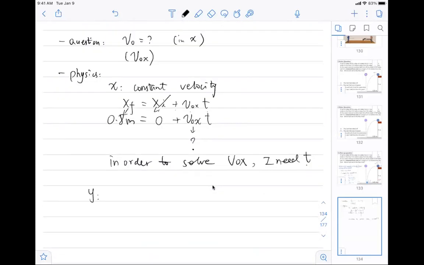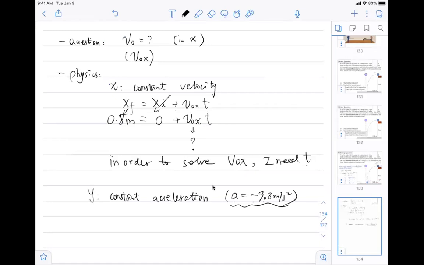So in the y direction, I have a constant acceleration type of motion, and I know what equations I should use. There are two equations, right? One about the velocity, one about the position. In that definition of my coordinates, my acceleration is downward, so that's negative 9.8 meters per second squared.